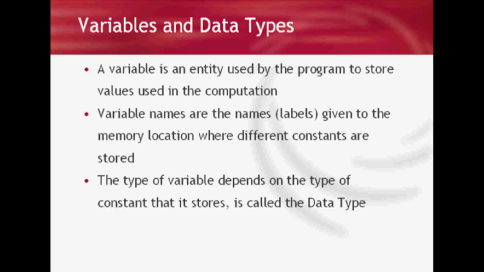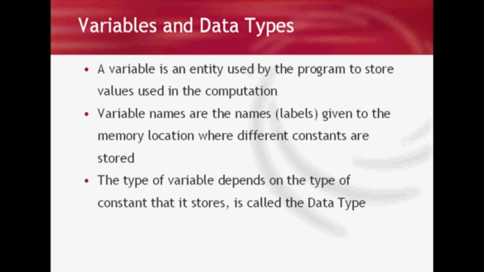Variables and data types. A variable is an entity used by a program to store values used in the computation. That is, variable names are names given to the locations in the memory where different constants are stored.